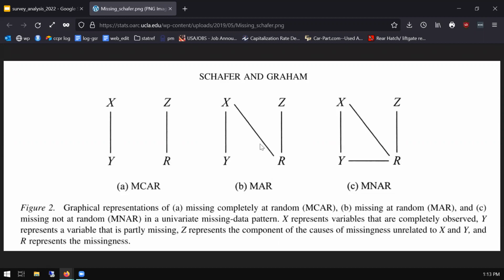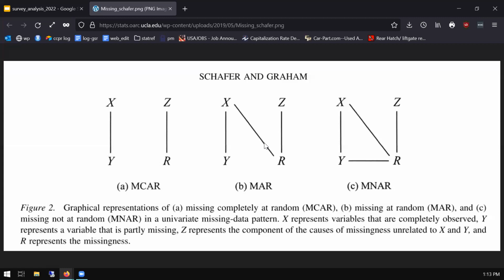Here, that word ignorable comes in. If you do not include X, it's not ignorable. If you include age to impute the 30 people that did not respond, it's conditionally ignorable. Conditionally meaning after you folded in age, it gives you a predictive relationship between the 20 people that responded and the 30 people that didn't respond.